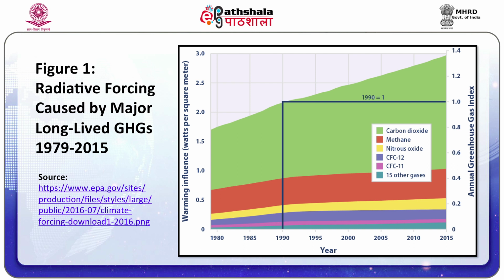This indicator converts the total radiative forcing for each gas into an index by using the ratio of the radiative forcing for a particular year compared with the radiative forcing in 1990. The graph shows that the radiative forcing has increased steadily for all gases, with the proportion attributed to CO2 increasing the most.